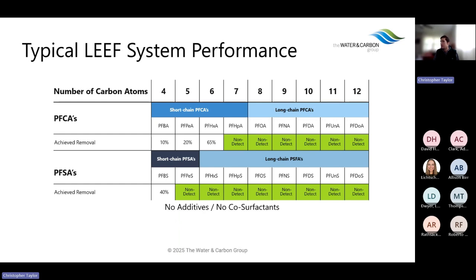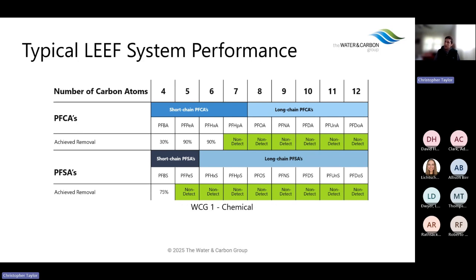You can see for long chain, achieving non-detect is really easy, and for very short chain compounds, we're achieving non-detect. It does, however, get a little tricky with XA, EA, BA, and BS. But we do have an added co-surfactant that we add to make for improved removal efficiencies. So although some of those short chains can get a little bit tricky, we can still get pretty good removal.